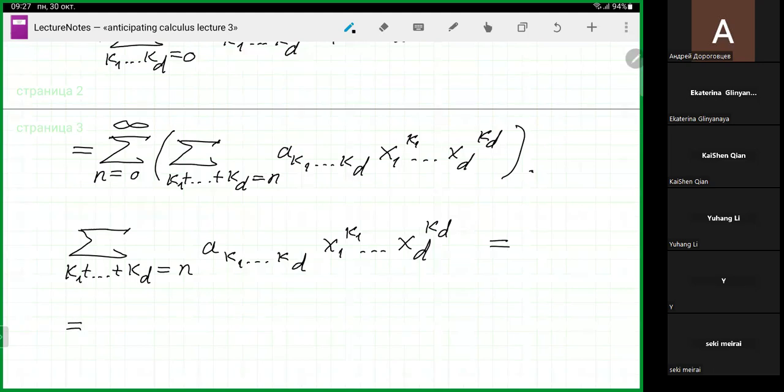Let me put here firstly notation. Then we will see what it means.